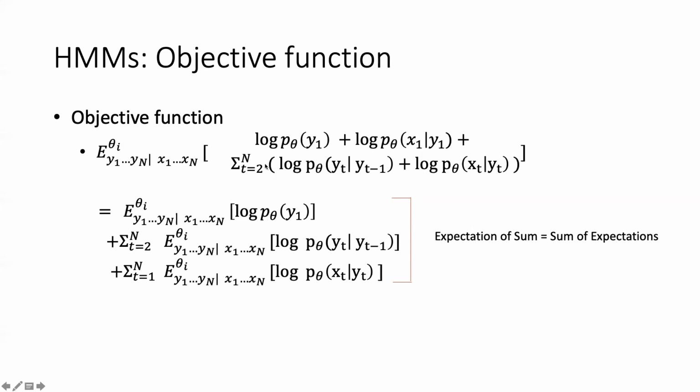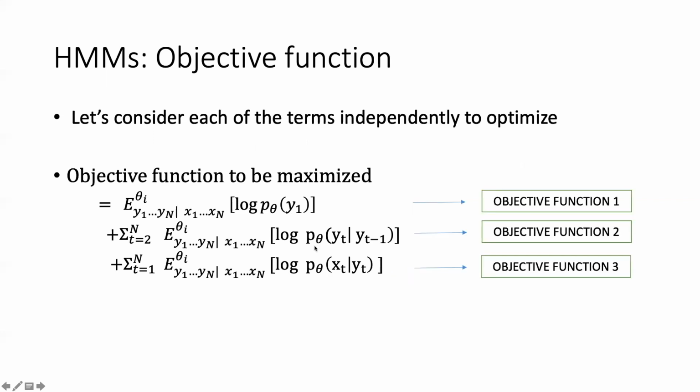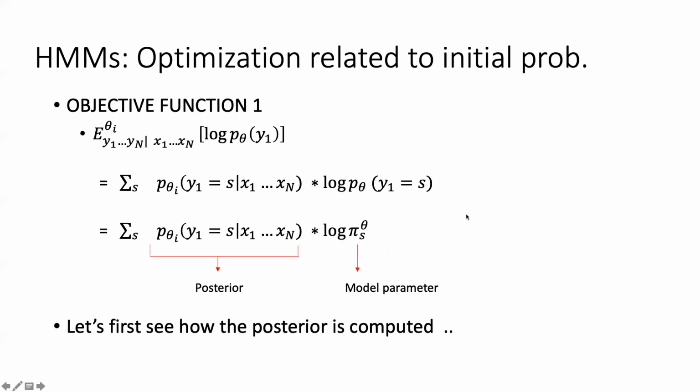So we can split this expression in order to compute each of the 3 parameters separately: first the initial probabilities, then the transition probabilities and the emission probabilities. So these are objective functions 1, 2, and 3. Let's first consider objective function 1, optimize it and find the estimate for the initial probabilities.